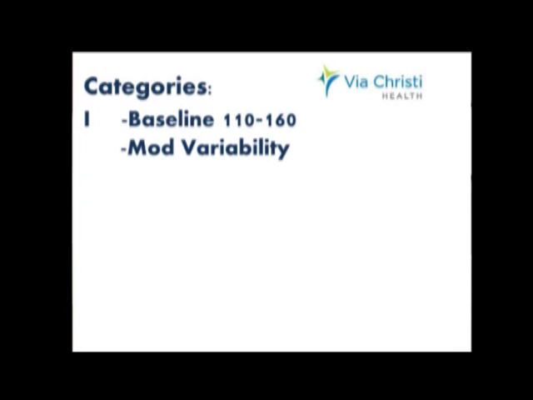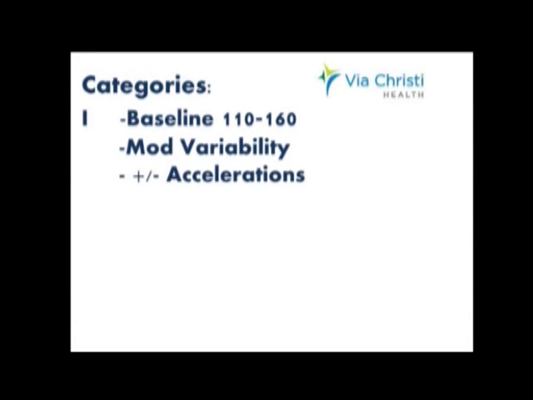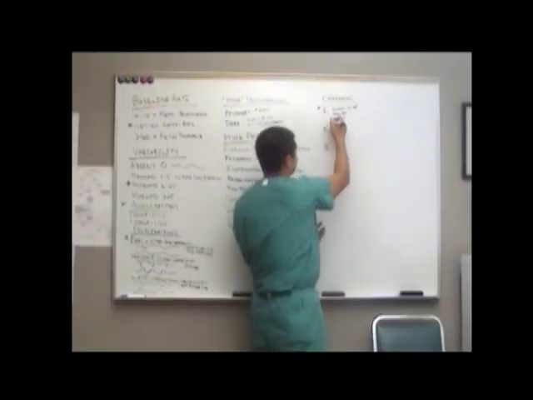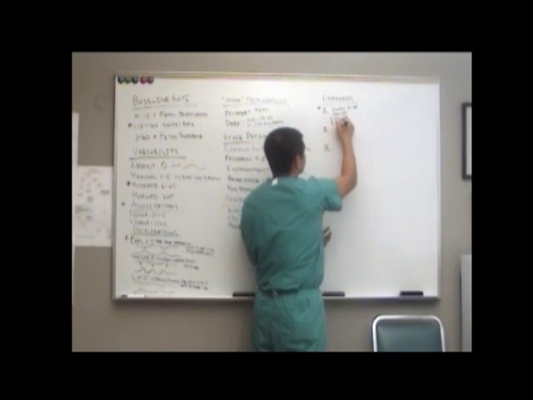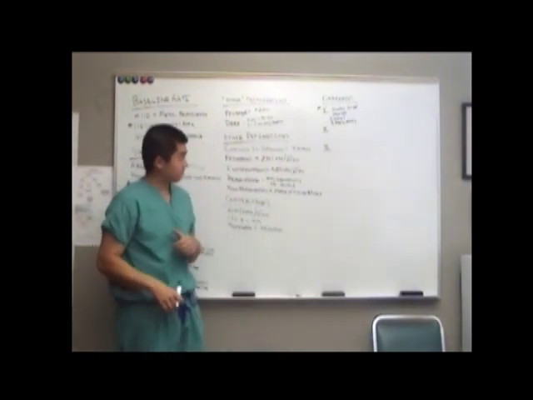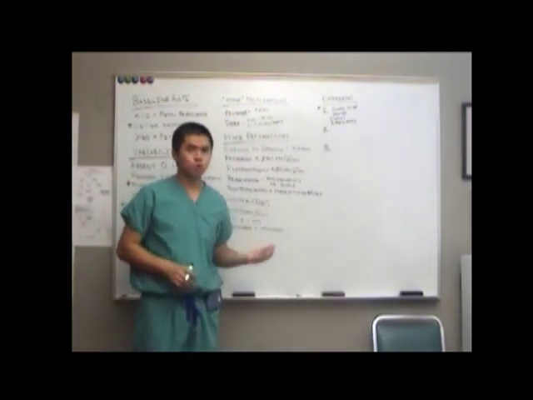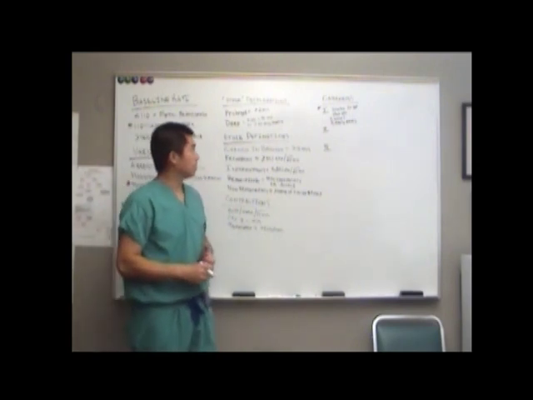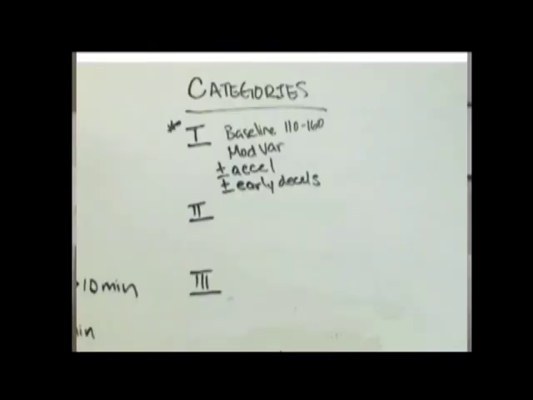You want accels? Yep, accels are a good thing, but they don't have to be there. So plus or minus accels. And then if you were to have decels, which are the only type of decels you would be okay with? Early decels. So plus or minus early decels. That's the thing that people often forget, is that you can have early decels, and also that you don't have to have accelerations. So all the good things are category 1.